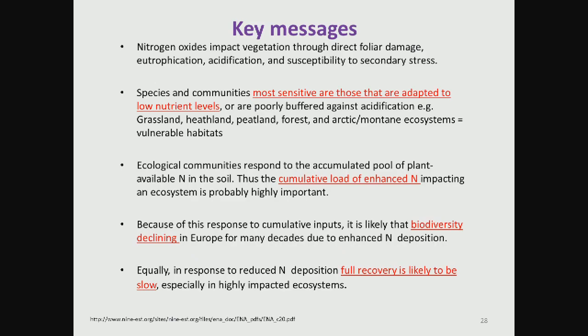So let's have a key message in case I've lost you all. Nitrogen oxides can impact vegetation through direct foliar damage. So if it's high levels, you can get changes in pH, right? And susceptibility to secondary stress. Most sensitive are the ones that are adapted to low nutrients, like the peats, the heather, lichens, mosses, that type of thing.